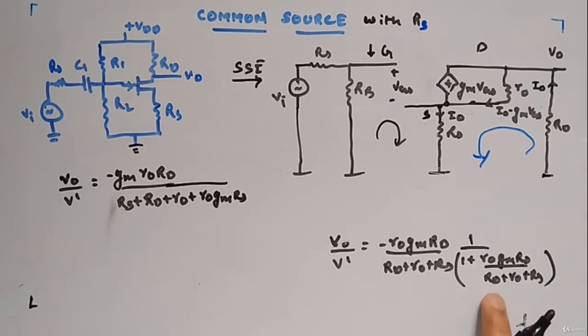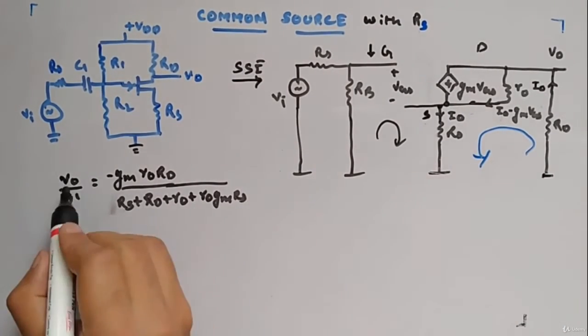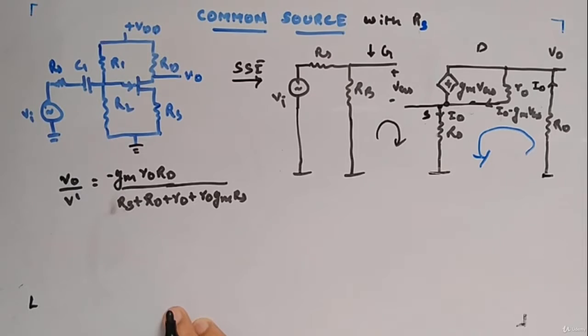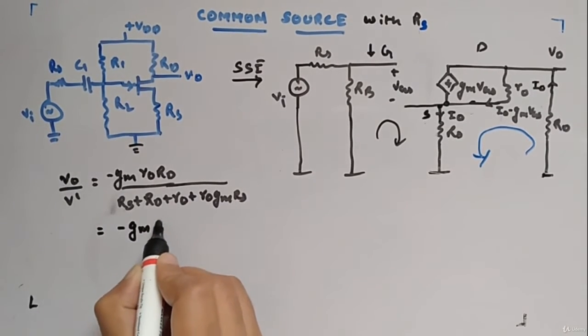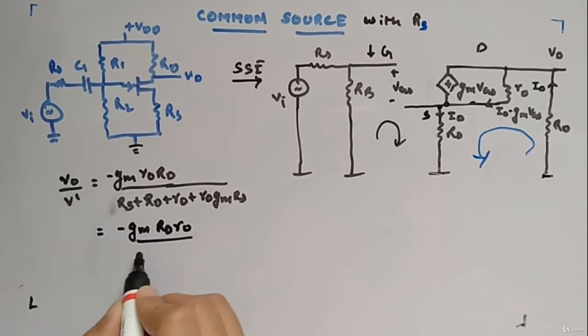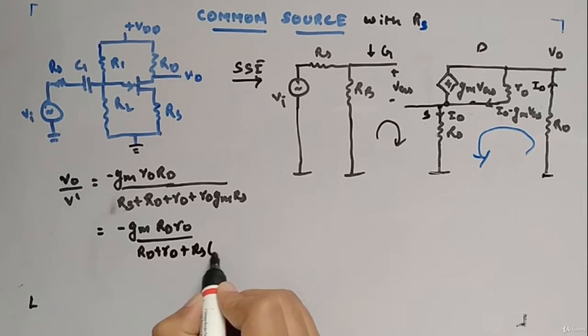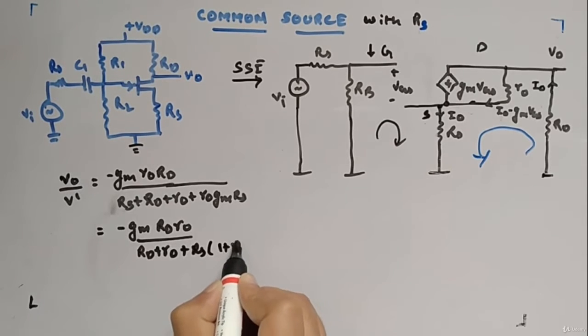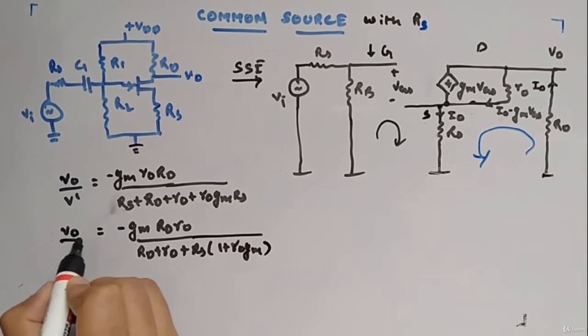This is how it is. This I have taken the LCM. So V naught by V dash we have now. I'll write it in this fashion as well: divided by RD plus R naught plus RS times (1 plus R naught GM). So this is the internal voltage gain you are getting.